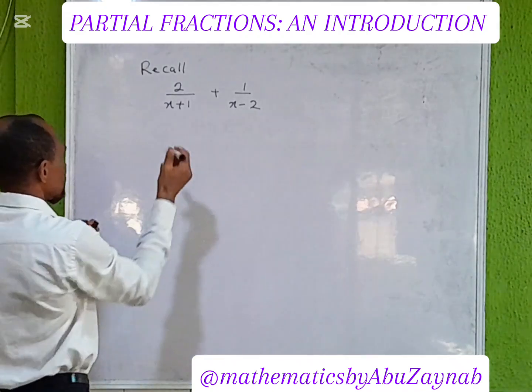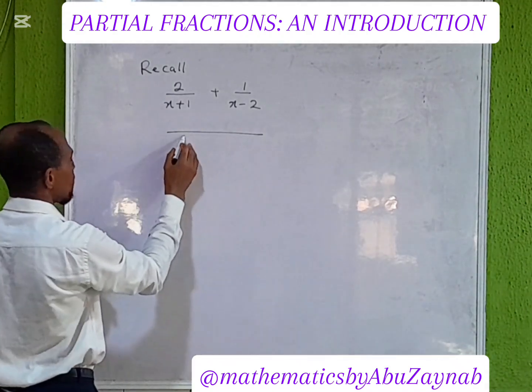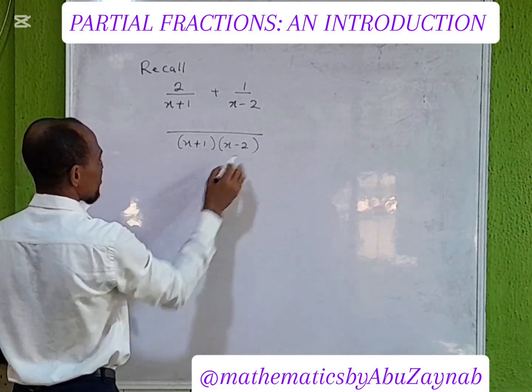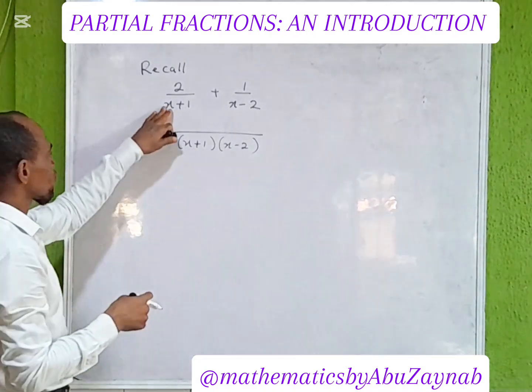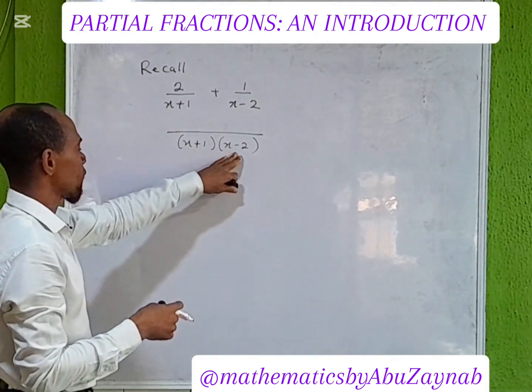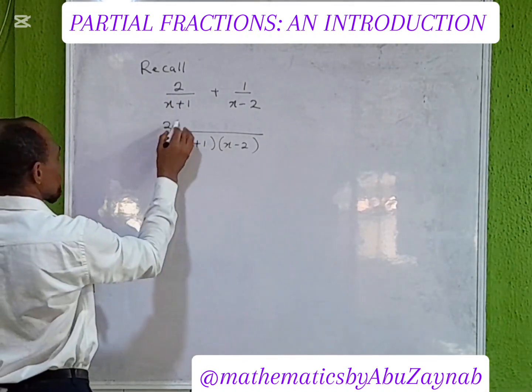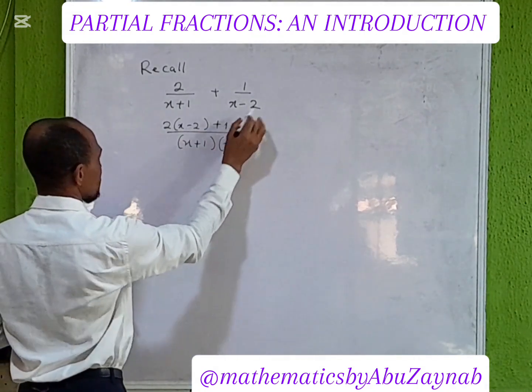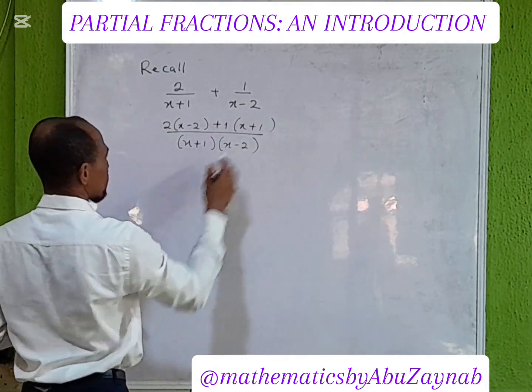So all you need to do here is to work with the LCM of the denominators, which in this case are x plus 1, x minus 2. So x plus 1, we tackled x plus 1, we are left with x minus 2. So we have 2 bracket x minus 2 plus 1, then x plus 1.